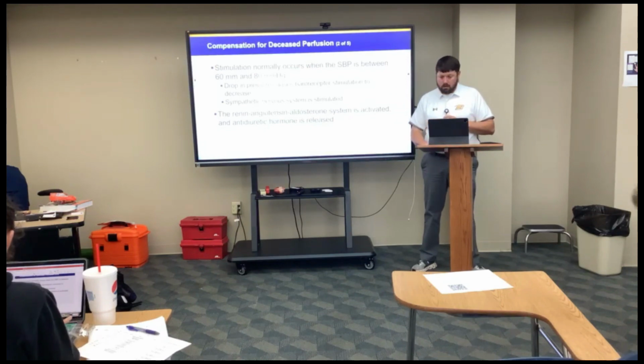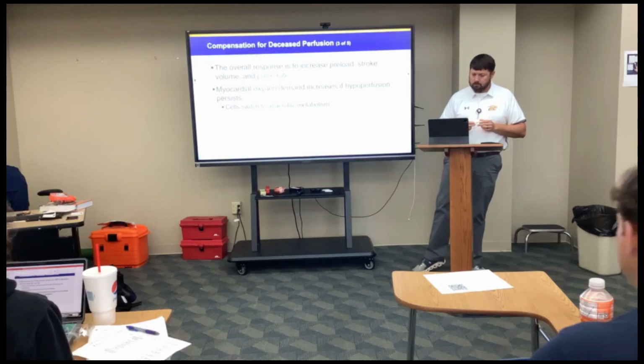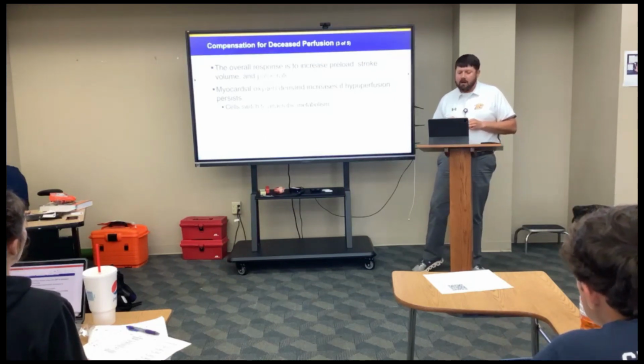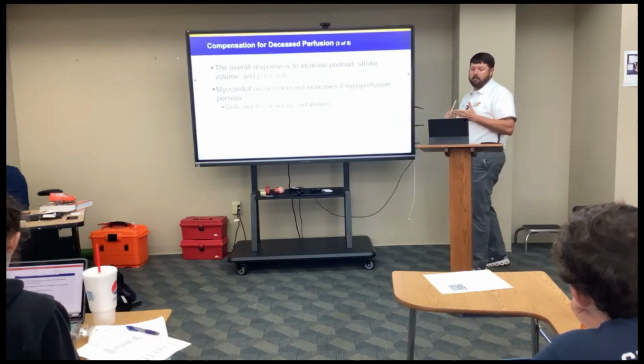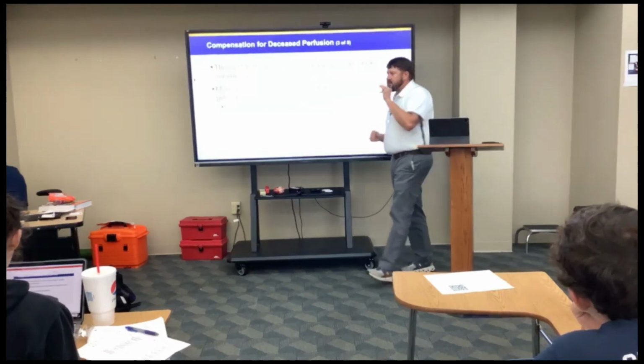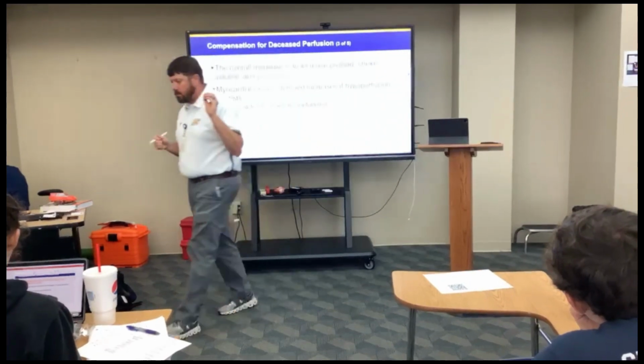Okay? The overall response is to increase preload, stroke volume, and pulse rate. So when we see decreased perfusion, all right, I want y'all to think about this for just a minute. Use your thinking caps.